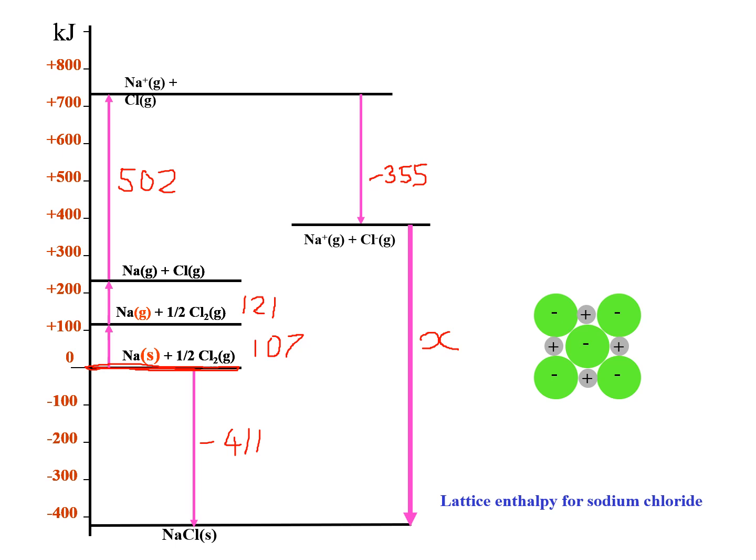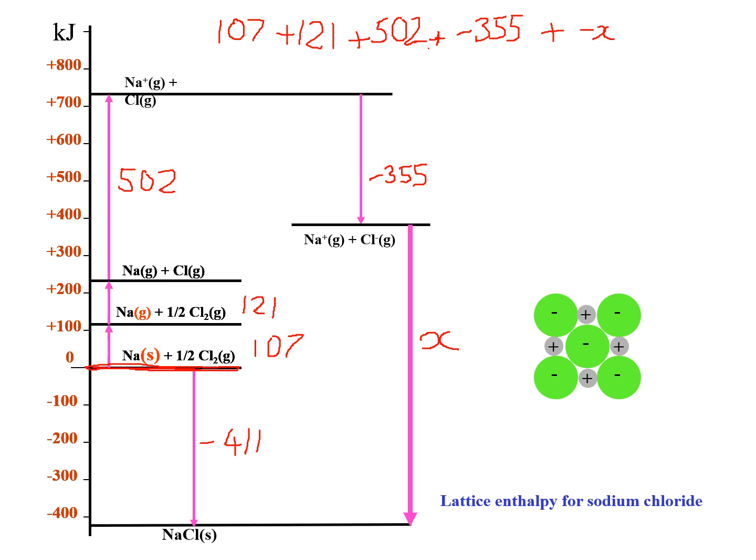So starting here, we've got 107 plus 121 plus 502 plus minus 355 plus whatever X is, but we know it's negative.